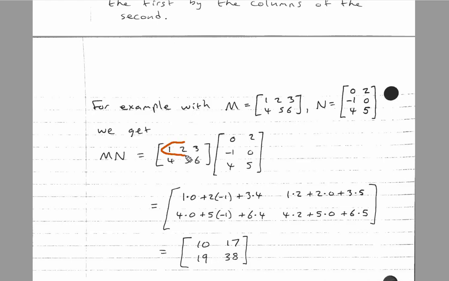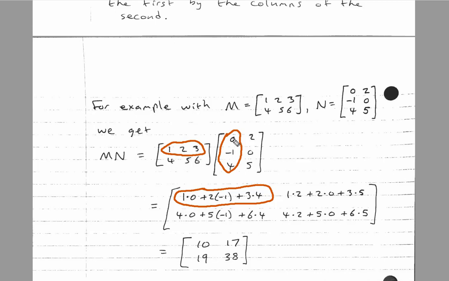Okay, so it's this row by this column first. So you multiply the corresponding entries and add them all together. So we do that here.